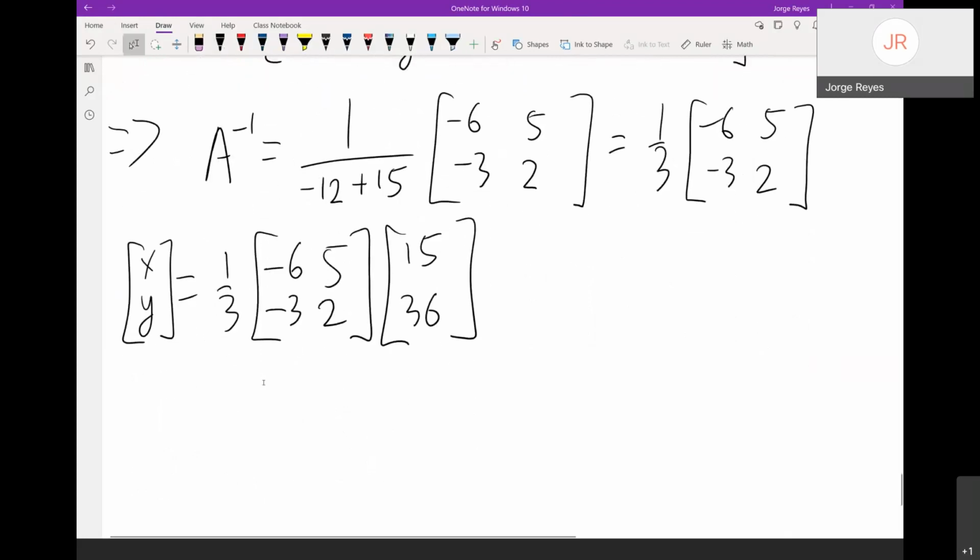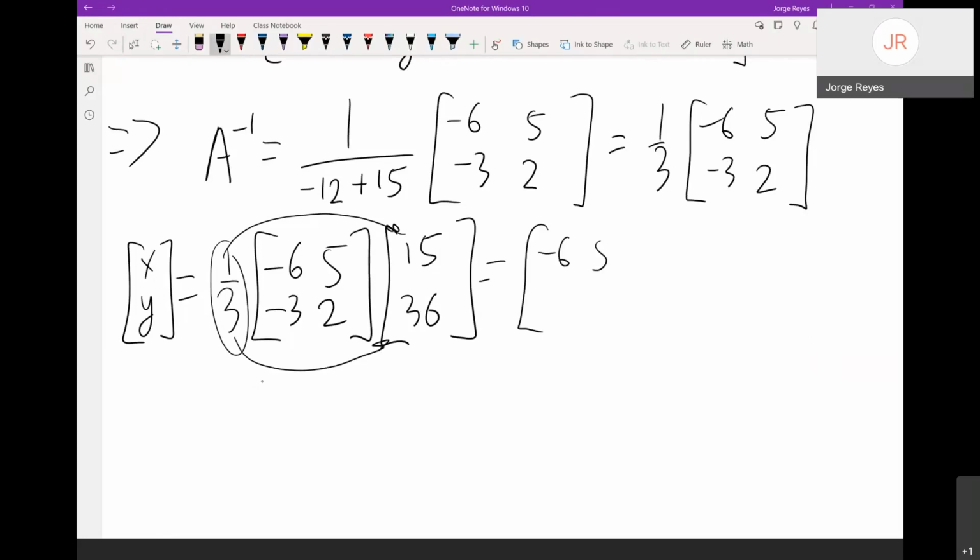Which I'm gonna commutative property this thing. The 1/3 is a number and numbers commute. So I'm actually gonna distribute the 1/3 over here because these numbers are big. So I would like them to be a little smaller. So this is going to be 5, and this is going to be 12, which is a little bit nicer.